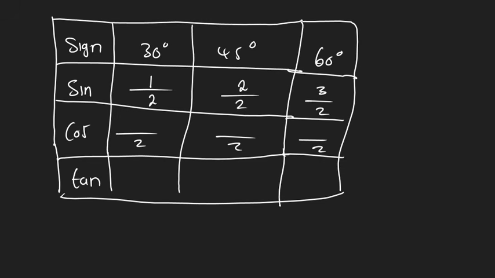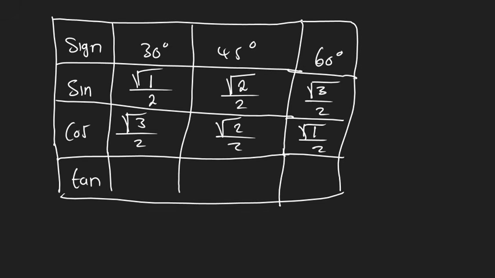Then start increasing by 1 from this side. So 1, 2, 3. Then this side, you square root everything. Because this is 1, square root of 1 is 1, then this is going to be a square root, this is going to be a square root. We square root everything anyway.